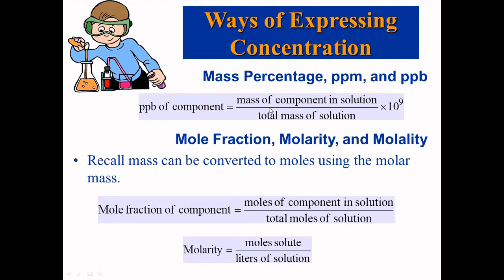So that is the parts per billion of that component in your mixture. How many parts of, let's say, ammonia is present in the wastewater being discharged into a body of water? Most of the time that's parts per million, meaning the ammonia should only be a small amount, so that living things will survive in that body of water.